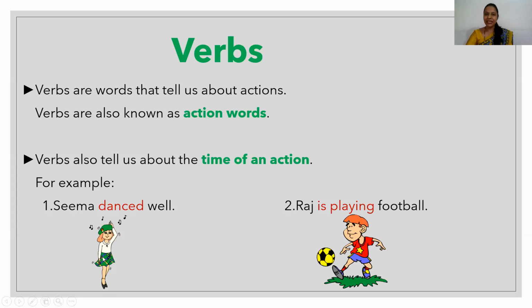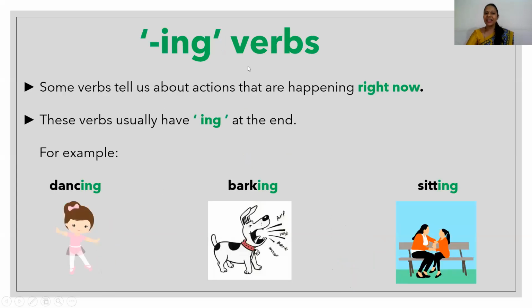So let us learn about the ing form of verb today. Ing verbs. Some verbs tell us about actions that are happening right now. These verbs usually have ing at the end. Okay, let us take a few examples. For example, dancing, barking, sitting.